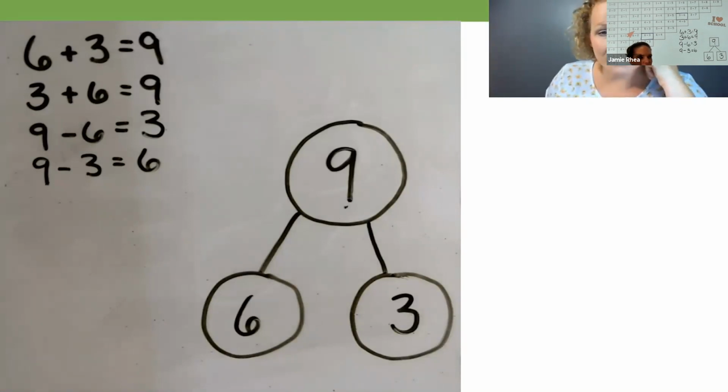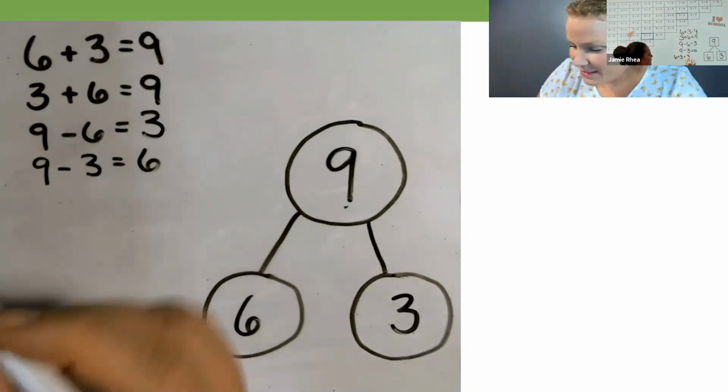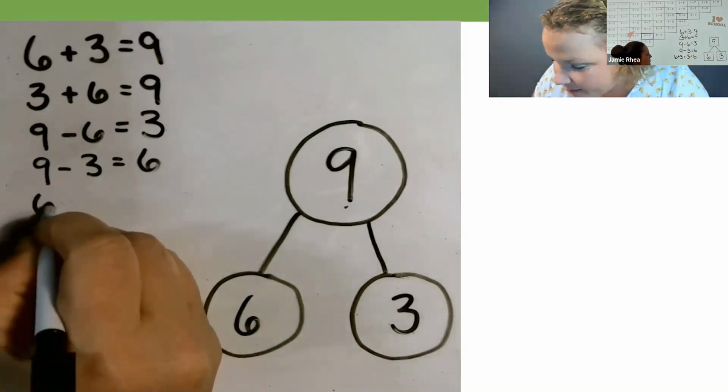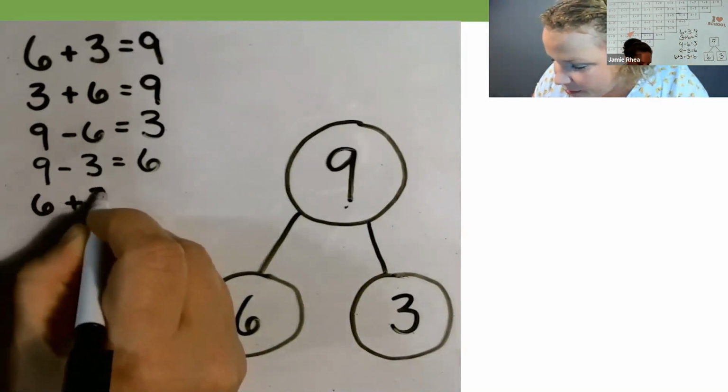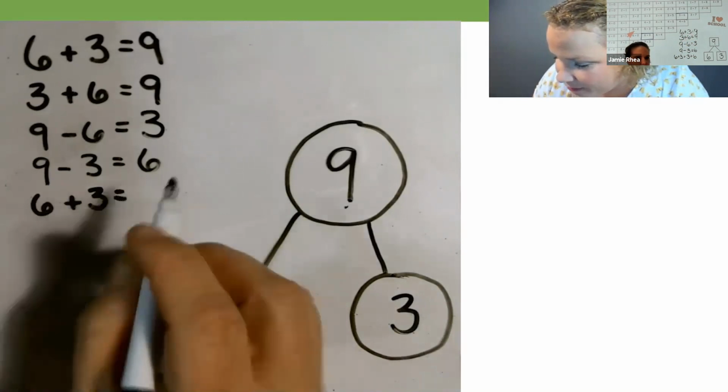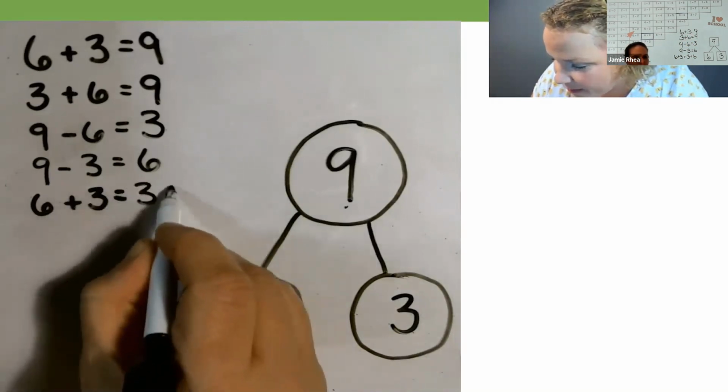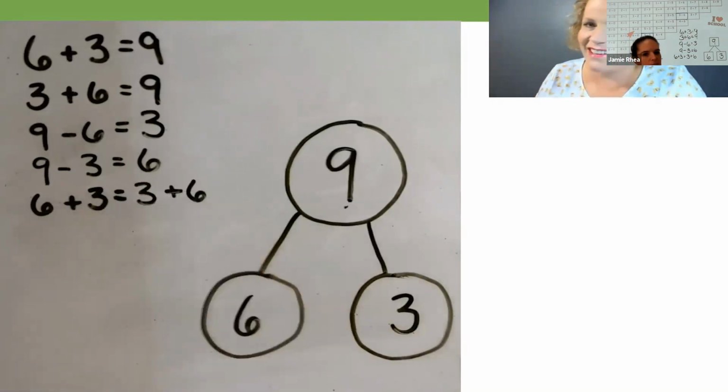Can you think of a true number sentence that uses the 2 addition expressions? Yeah, we can say 6 + 3 = 3 + 6. Let's add that to our number sentences.